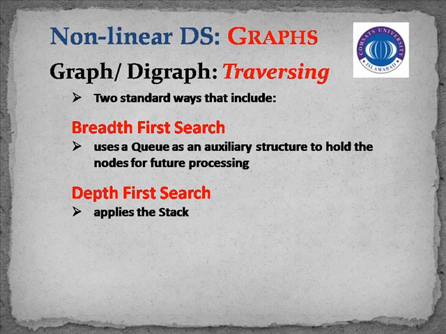Ladies and gentlemen, two standard ways to traverse the graph include the breadth first search, which uses a queue as an auxiliary structure to hold the nodes for future processing. The other traversing scheme is called depth first search, which applies a stack for the same purpose.